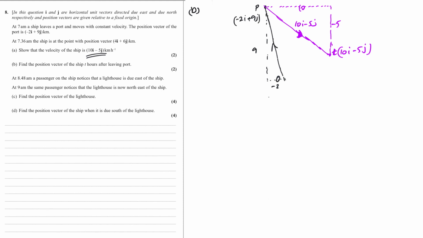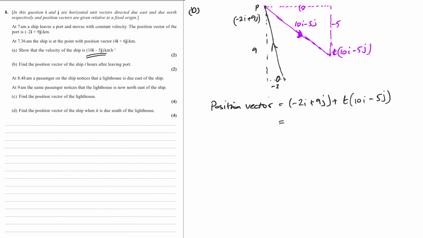Okay, but obviously it starts at this place. So the position vector is minus 2i plus 9j plus t times 10i minus 5j. Remember that this obviously comes from the displacement formula, velocity times time.